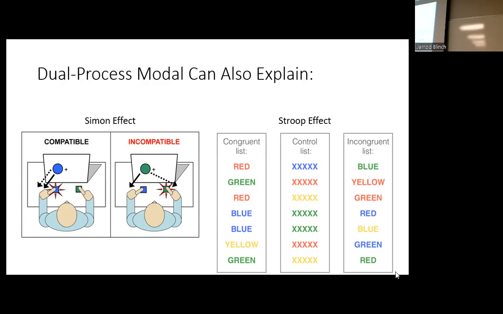Now the automatic pathway wants to read the word. We're not born with the ability to read, but we practice it so much that our brain gets excited when it sees text. It's almost like, I can read it! I want to say blue. It's like, well, wait a second, the instructions are to say what color it's printed in. So the automatic pathway wants to read blue, but the instructions are to say the color it's printed in, which is green. And this one's kind of fun to try in class because you are way slower at doing this task.